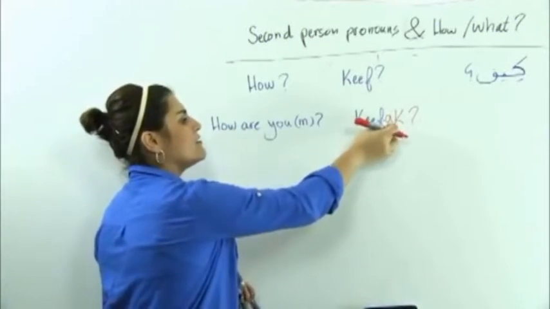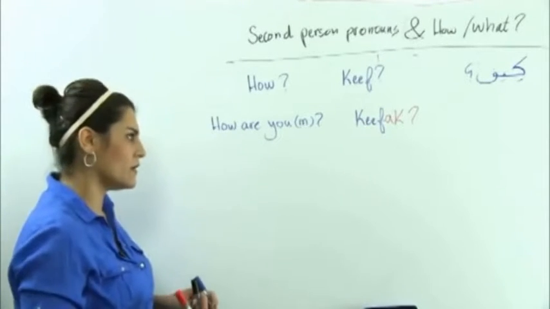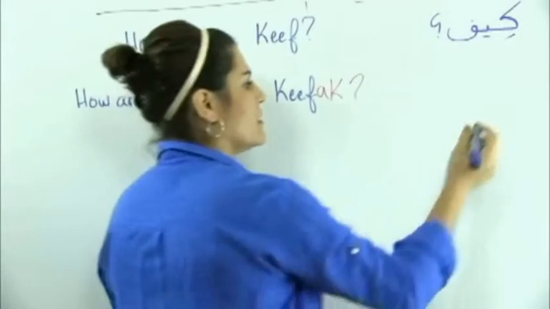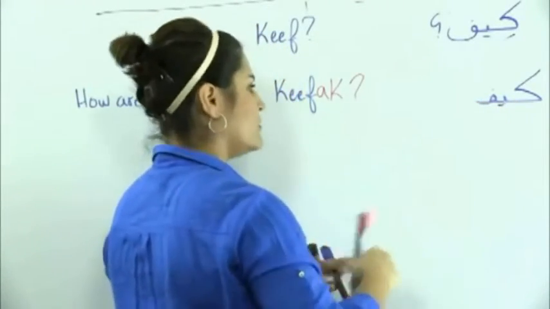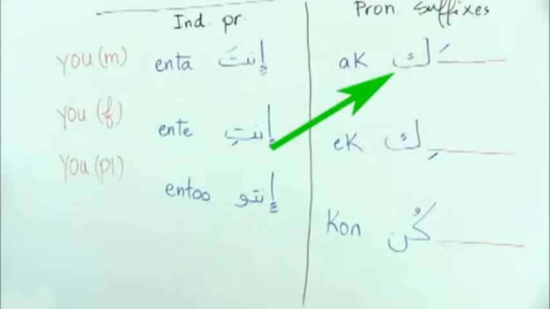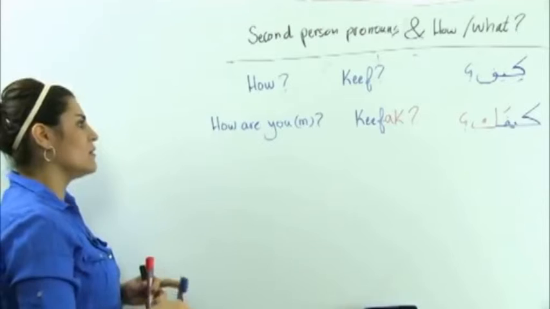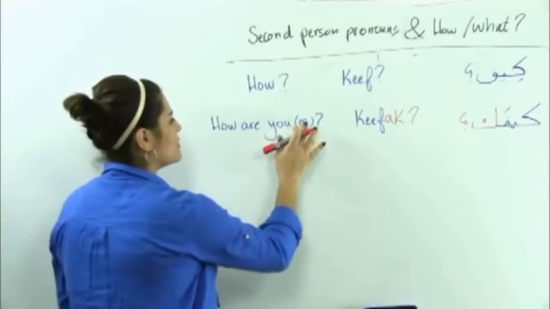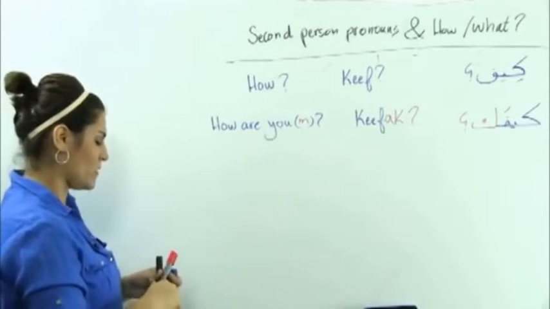It's the pronoun suffix representing you, masculine. And how we write it in Arabic is exactly how we wrote it before: كيفك. Okay? And I'm gonna write here masculine so you know the equivalent in Arabic.